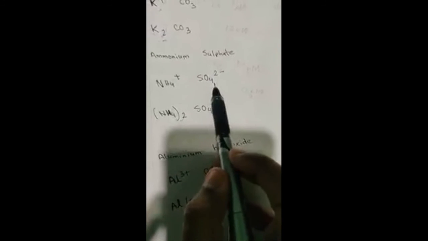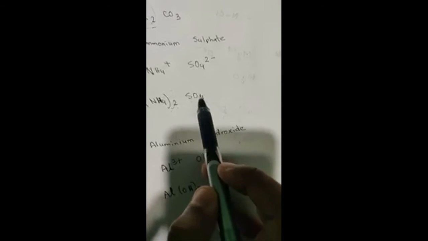Whenever we are taking a compound more than once, you need to put a bracket. So bracket, and then we put the number outside. And sulfate is taken once, so just SO4. Don't think that we are taking sulfate 4 times. The 4 is in the formula of sulfate. Don't get confused on that.